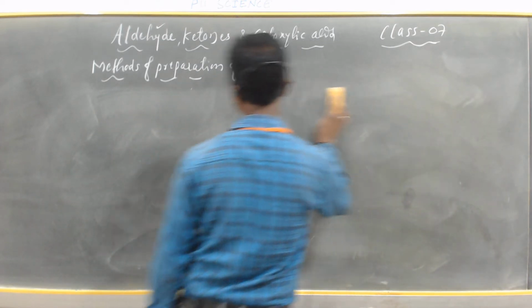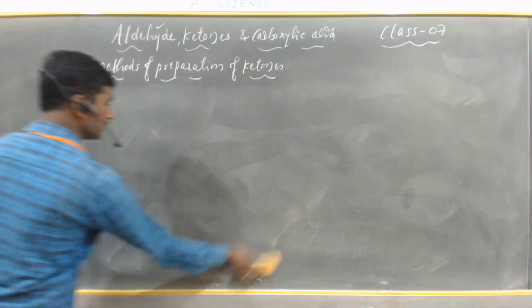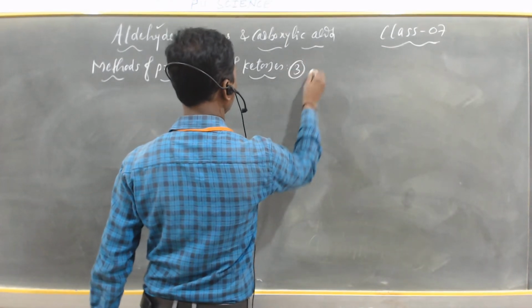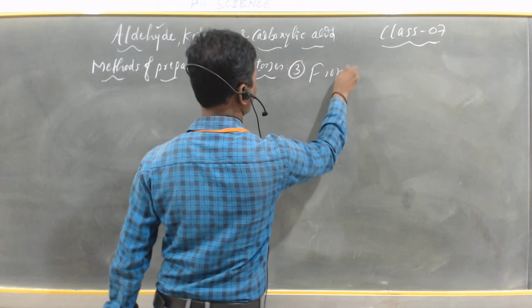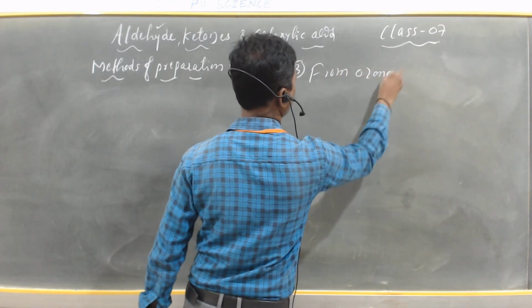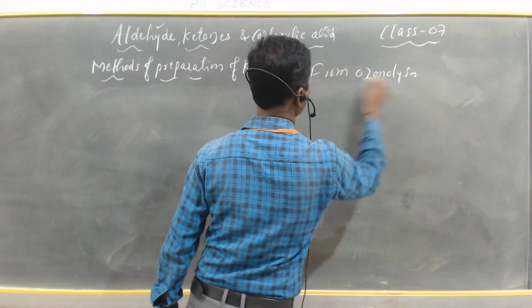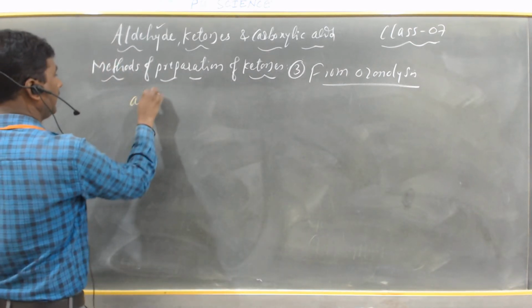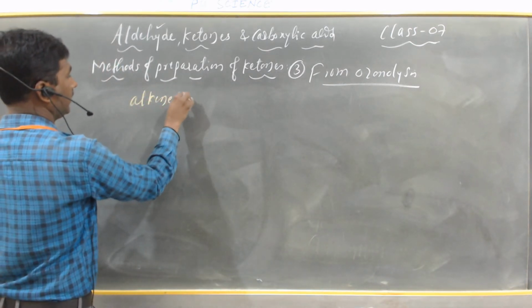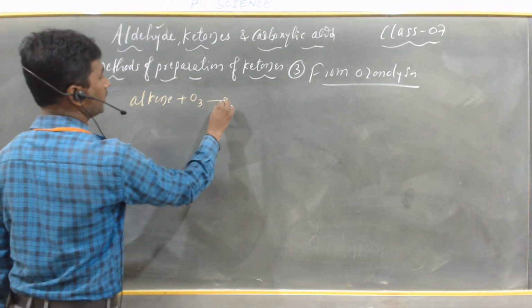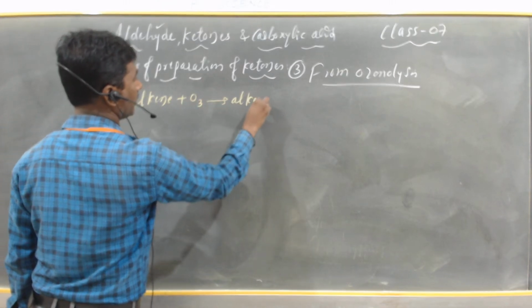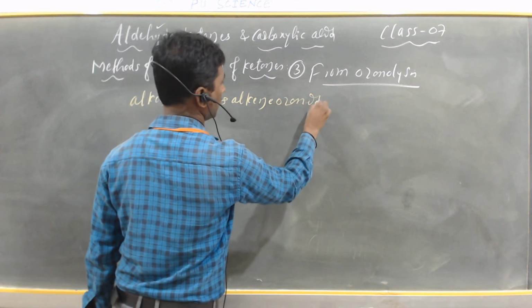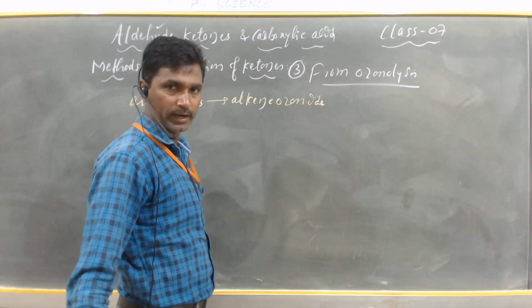Next I can discuss preparation from ozonolysis. What is ozonolysis? Alkene reacts with ozone and gives alkene ozonide.